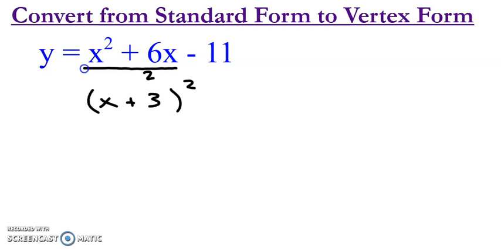But 3 squared is not negative 11. Right? So that negative 11 doesn't allow us to rewrite my equation using this completing the square method here. Okay, because negative 11 is not a perfect square, it doesn't fit. So I kind of want to get rid of that negative 11, and then I'll add it back in later.